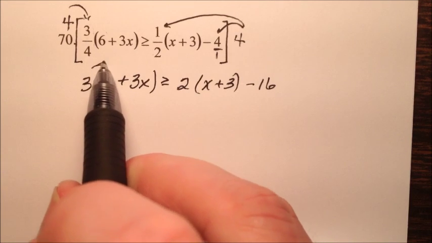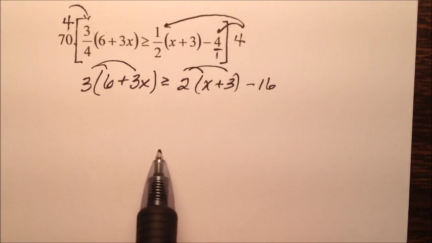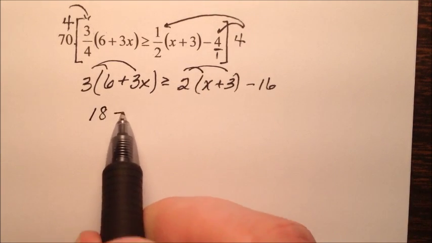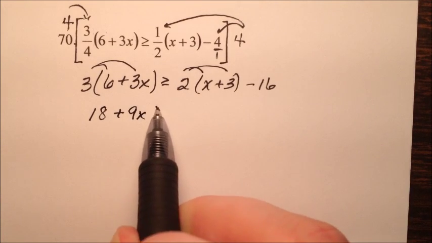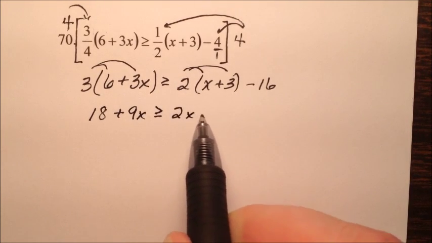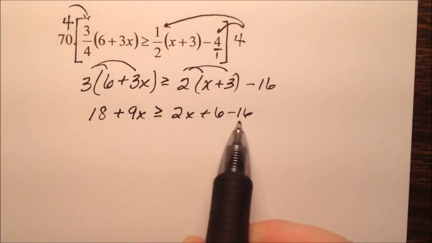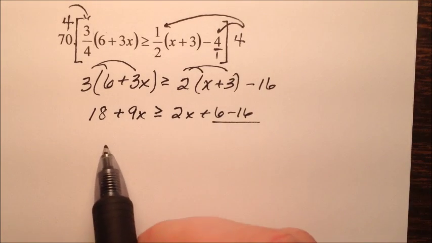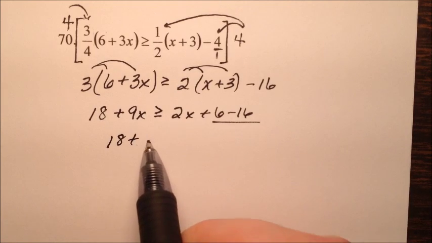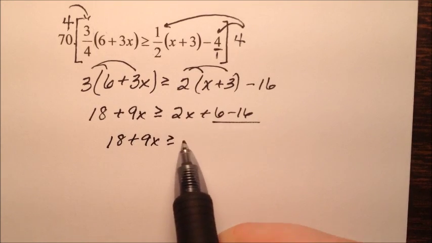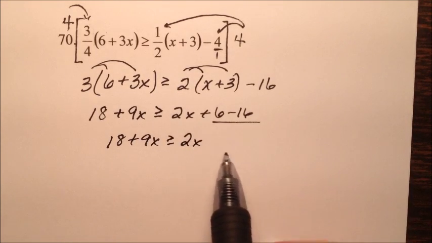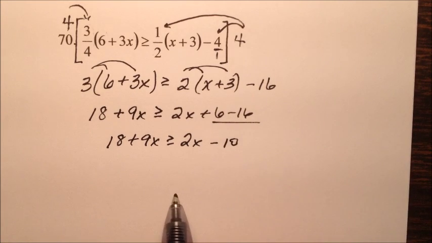So in this case, now we can go ahead and distribute these. So we have 18 plus 9x greater than or equal to 2x plus 6 minus 16. We got some like terms over here we can put together. So 18 plus 9x greater than or equal to 2x minus 10.